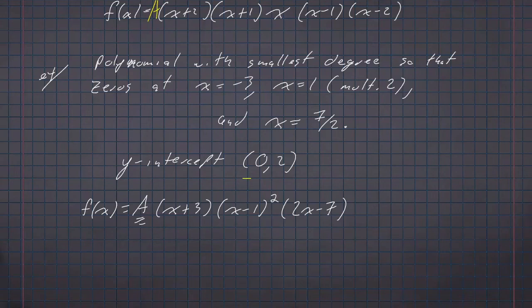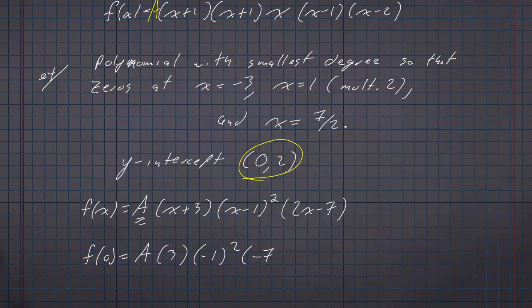Because the other thing we need is the y-intercept 0, 2. Remember, the y-intercept is what happens when you plug in x equals 0. Well, f of 0 is a times 3 times -1 squared times -7. Right?